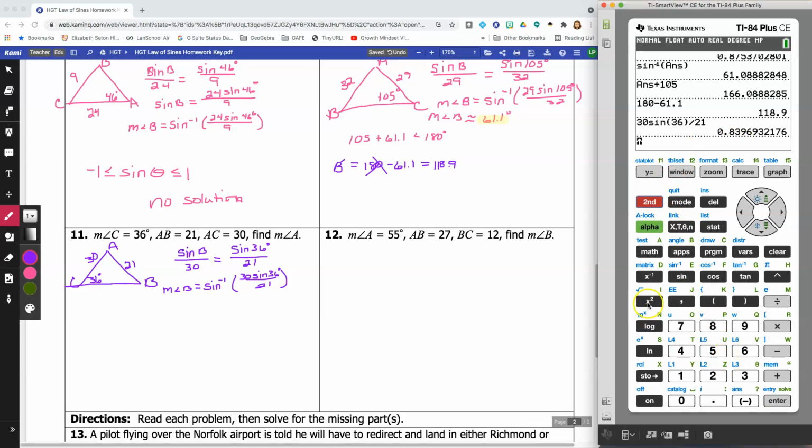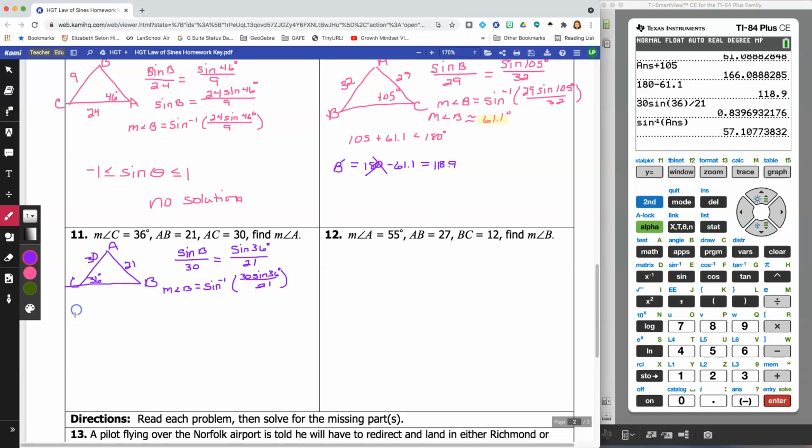So second sine, my inverse sine, then second the negative, so I can copy my answer. Enter. So what I'm being told then is that the measure of angle B is going to be 57.1 degrees.